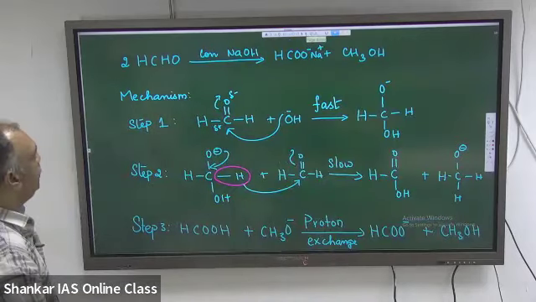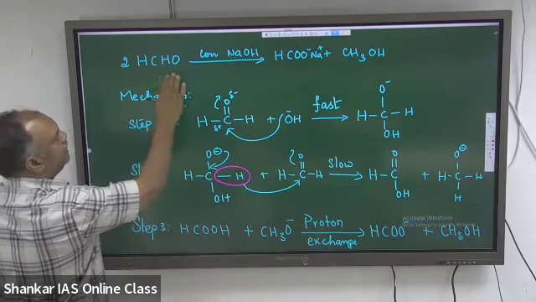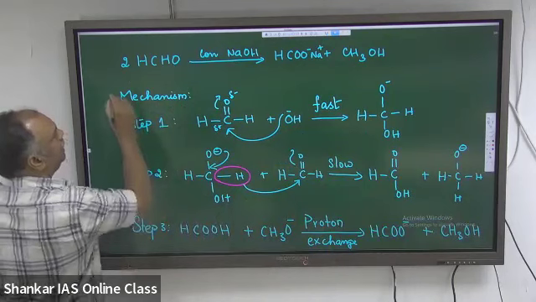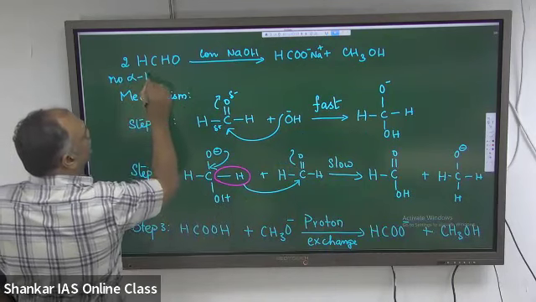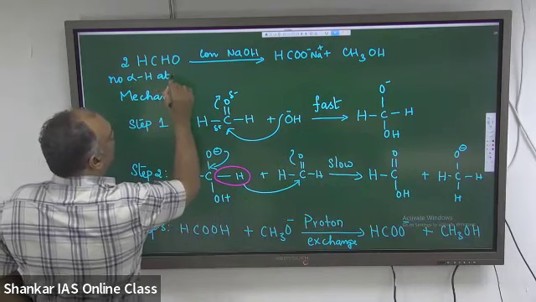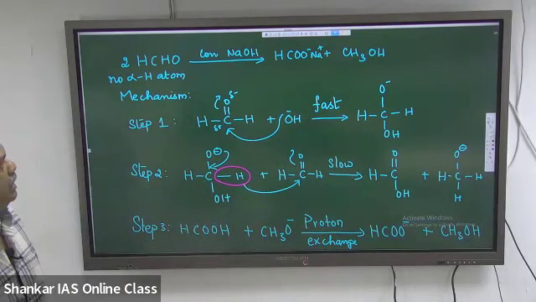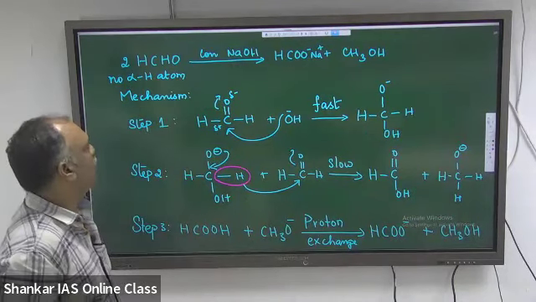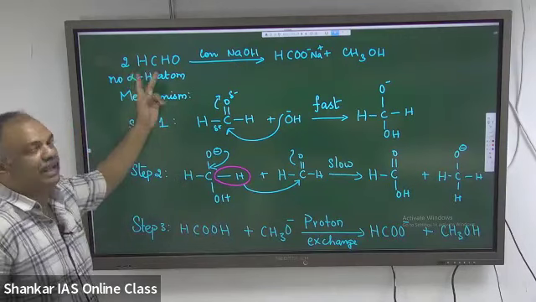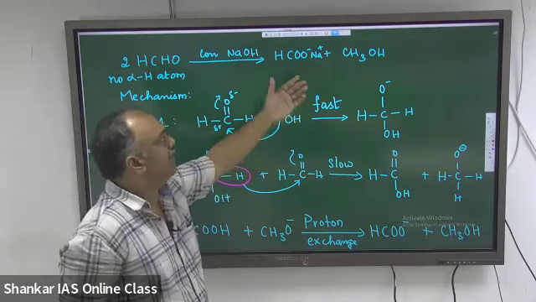So the example I have taken here is formaldehyde. Formaldehyde is an example of an aldehyde that does not have an alpha hydrogen atom. There is no alpha hydrogen atom present in it. Okay. So in the presence of concentrated NaOH, concentrated alkali, what happens? Two such aldehydes react to give an oxidation product, which is the acid.